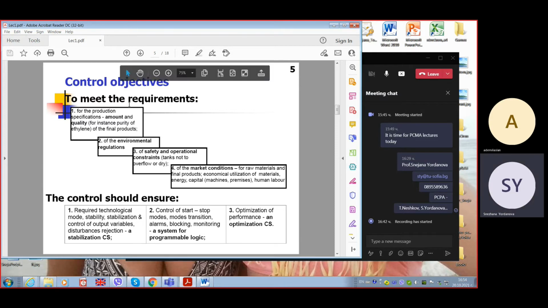So to control either production process or technological process, we have to meet requirements related with amount and quality of production of products, to observe environmental regulations, and safety and operational constraints. For instance, if you have an installation, a tank, the tank should not overflow or dry.